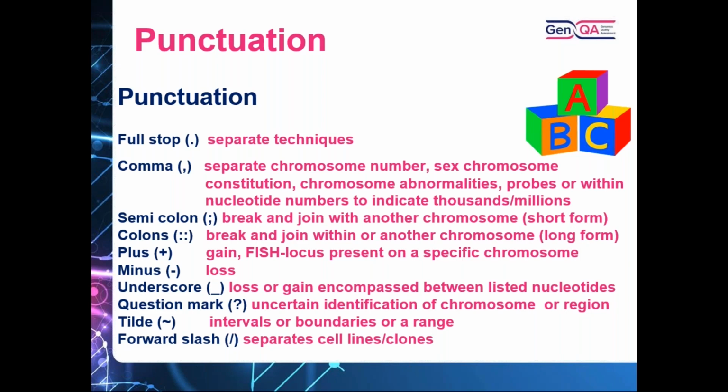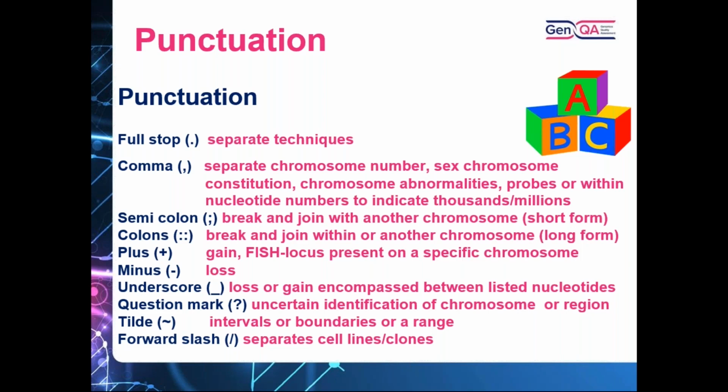A comma is used to separate chromosome number, the sex chromosome constitution, chromosome abnormalities, and probes, and within nucleotide numbers to indicate thousands and millions. The semicolon is used in the short form to show a break and join with another chromosome, and a double colon is used to show a break and join within or with another chromosome in the long form.